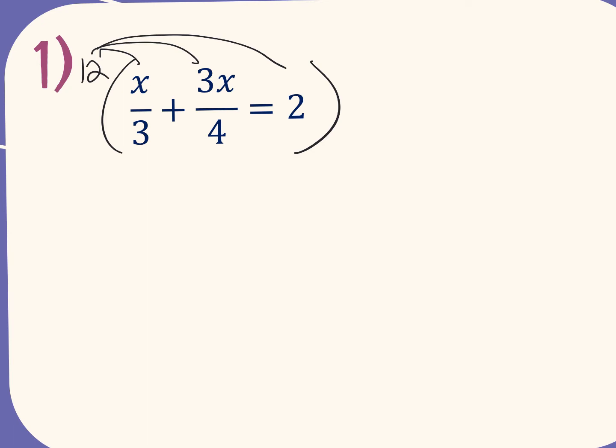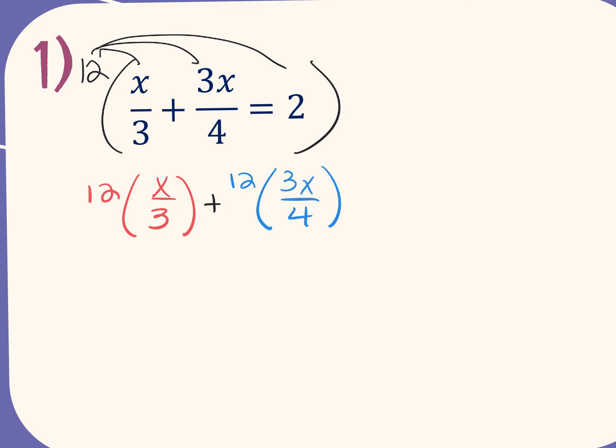So I'm going to multiply 12 times the x over 3, then the plus sign. Then I'm going to multiply the 12 to the 3x over 4, and you also have to do it to what the equation equals, so I'll multiply 12 to the 2. Now I'm going to simplify diagonally.